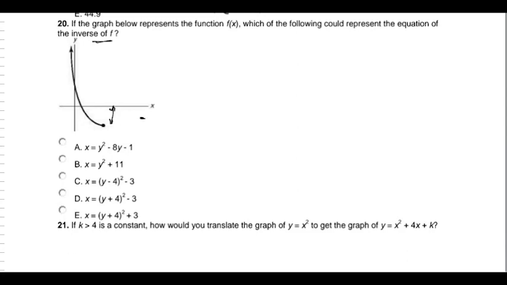So this would be a negative. This must be the ones with the -3, because this is down here. Okay, it's below the x-axis, so that's the shift. And then you see it's on the right hand side, so if it's on the right, that'll be positive. So if it's in the brackets, then you change the sign in the bracket, so it's going to be number C.